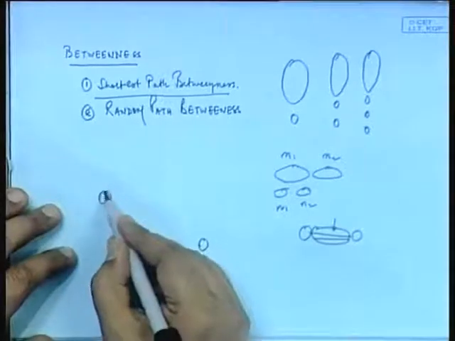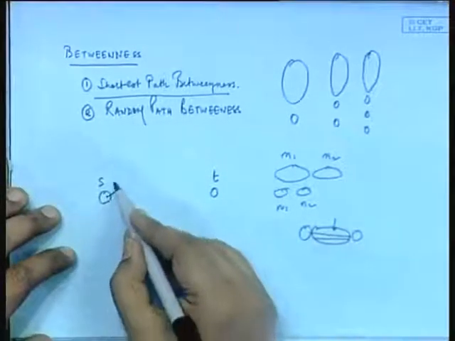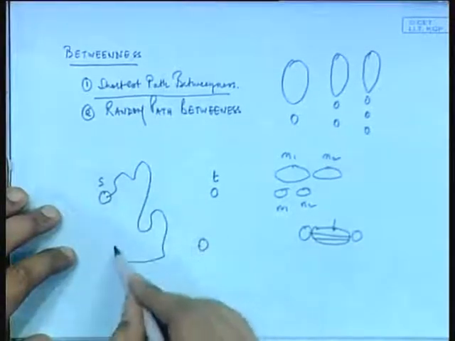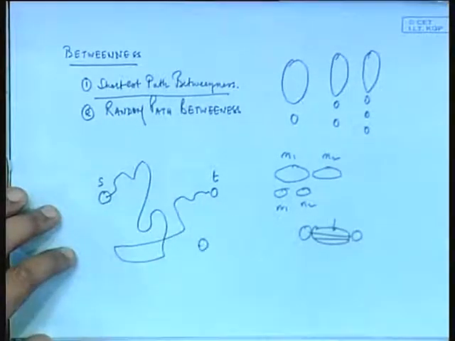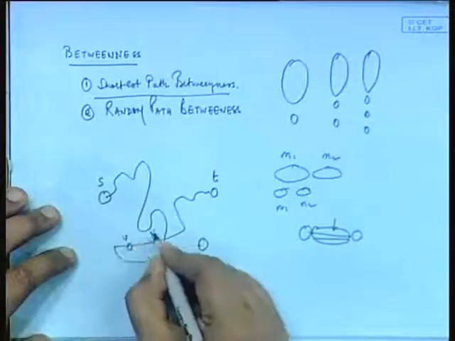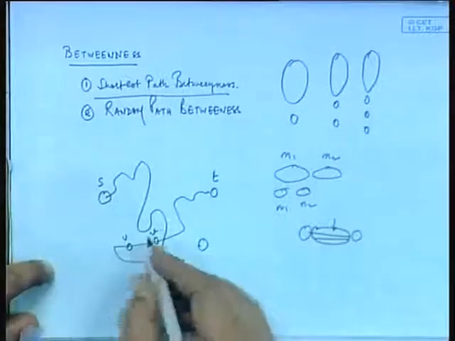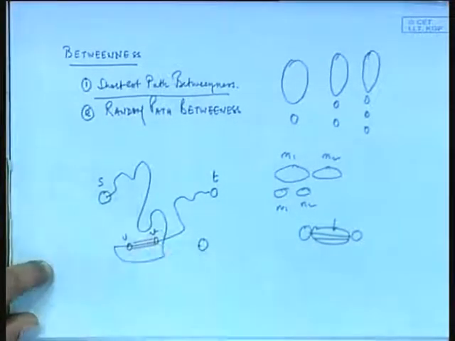If I take any node S and any node T, and I let random walkers move, and here is the edge uv.